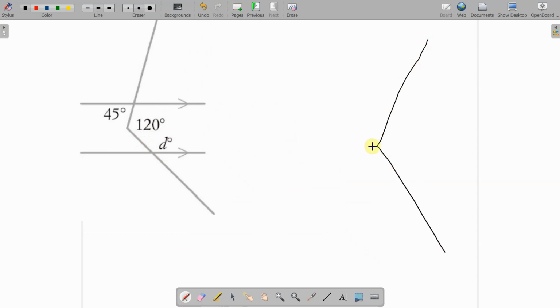We've got a parallel line there and there. They're parallel. 120 is that one. That's 45, and that is D.